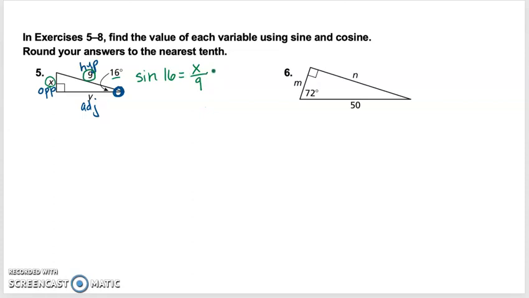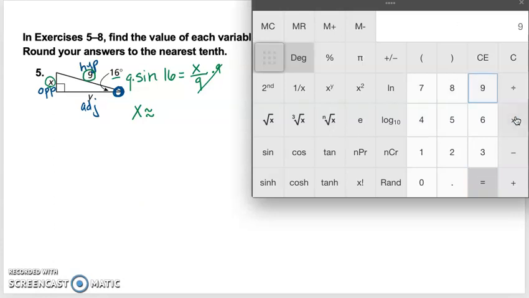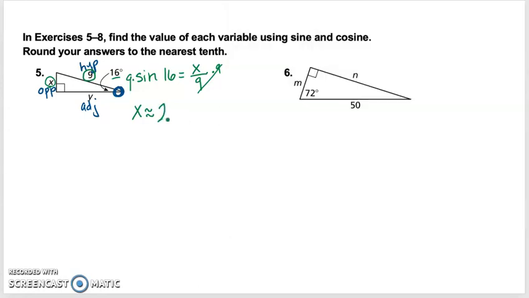And then to finish solving that, we're just going to multiply by 9 on both sides. So x, and let's see, nearest tenth, so 1 decimal place, x is approximately 9 times sine of 16. So 2.48 would round to about 2.5.